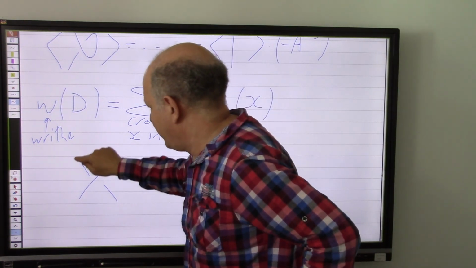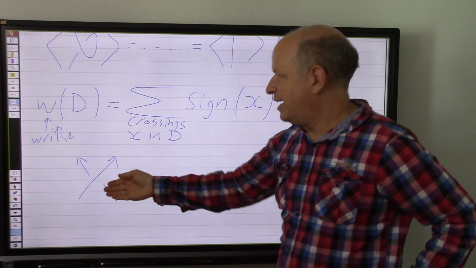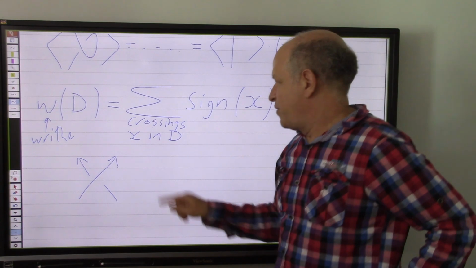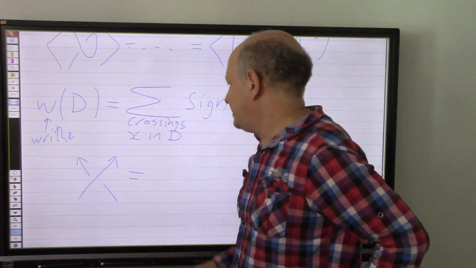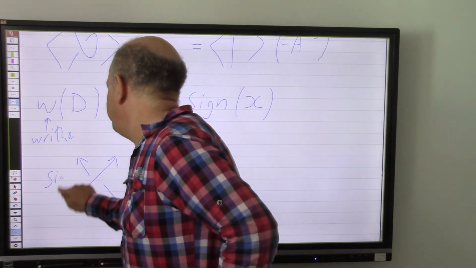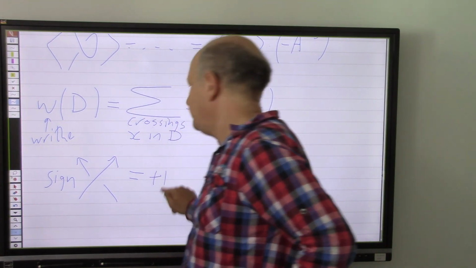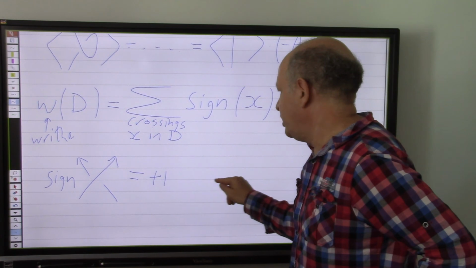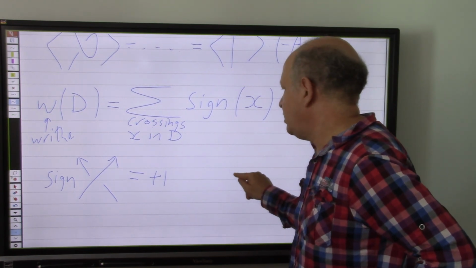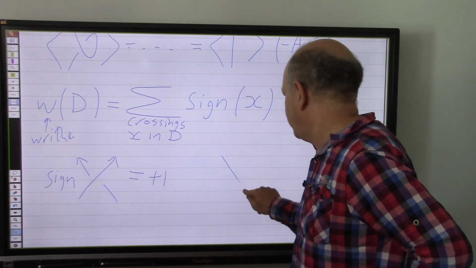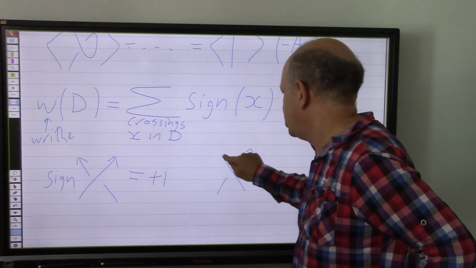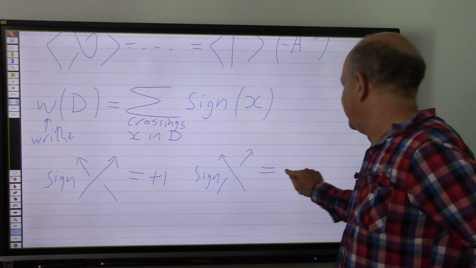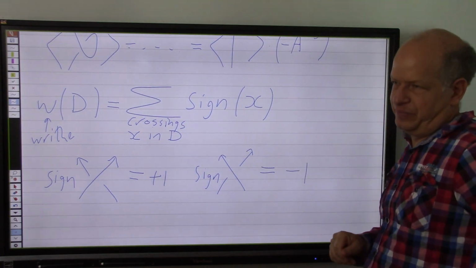So if I have a crossing in which the lines are oriented as follows, then its sign is declared to be +1. And if you have the opposite crossing but with the same orientations, then its sign is declared to be -1.